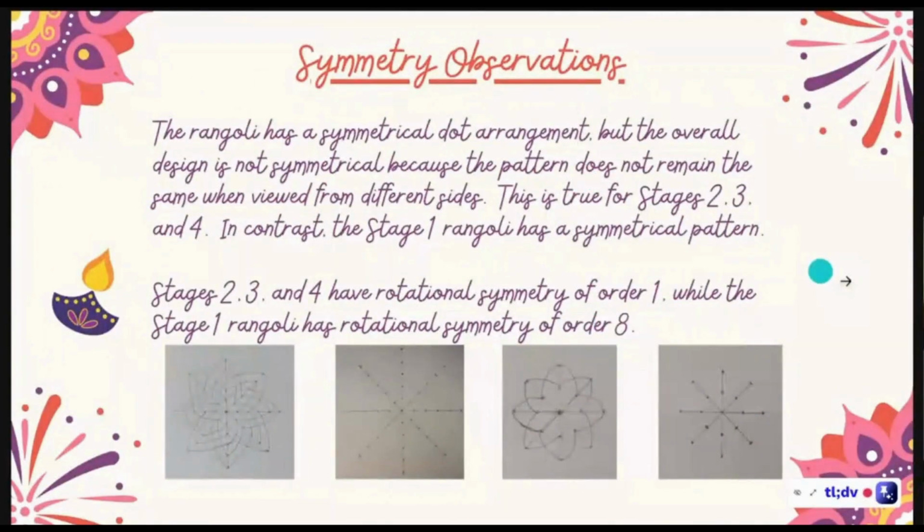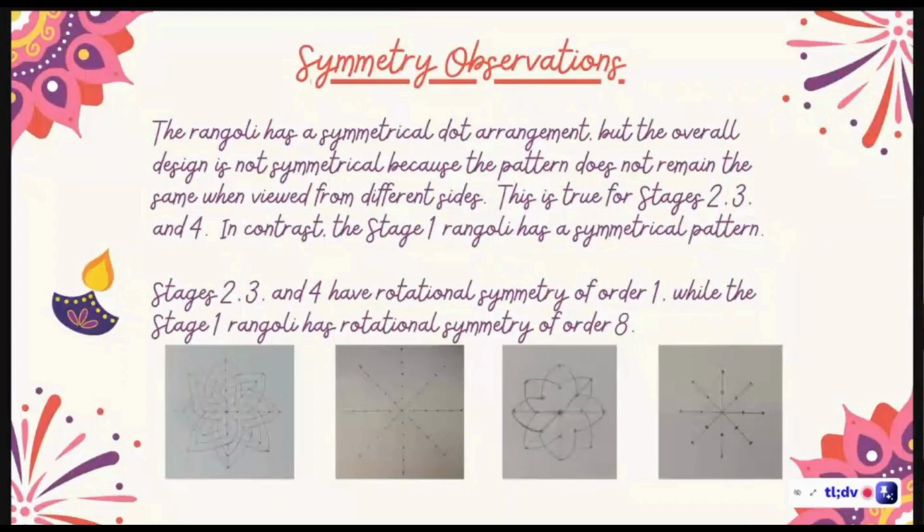The Rangoli has a symmetrical dot arrangement. If you can see, I have put the dot arrangement of stage 1 and stage 4. That's a symmetrical dot arrangement, but the overall design is not symmetrical because the pattern does not remain the same when it is viewed from different sides, as the pattern we are drawing is 1 2, 1 3 5 2 4, 1 2.